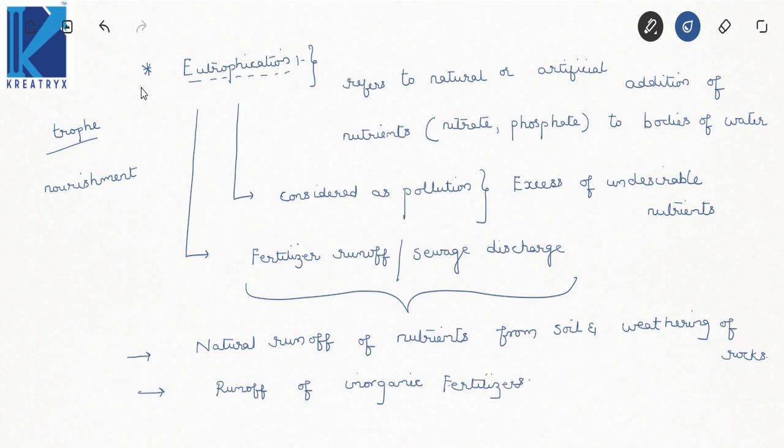Now, these are the causes of eutrophication, right? Now sometimes it may be runoff of inorganic fertilizers, or due to erosion, due to mining, right? Many reasons.